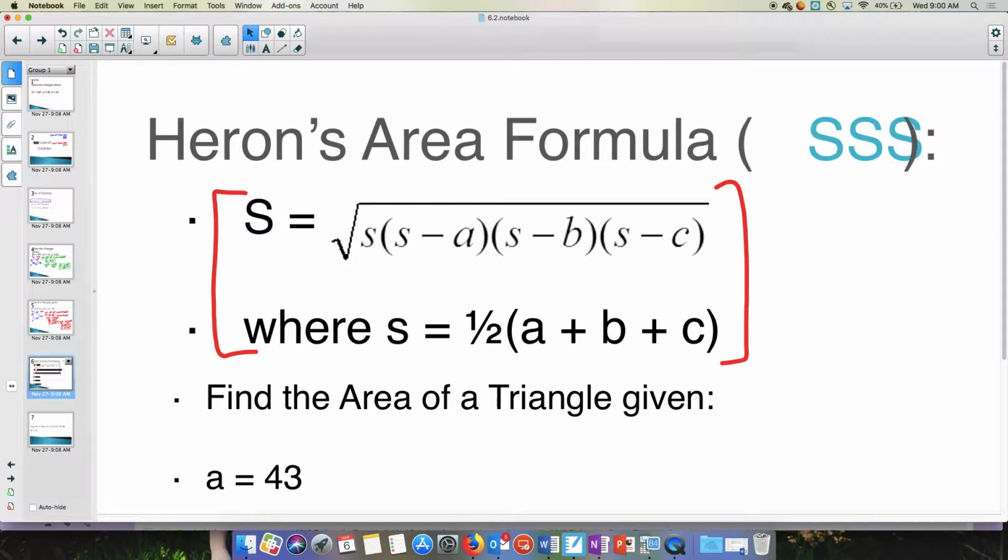You can use Heron's formula if you know three sides of a triangle. Yeah, and I don't know why our book does this. I mean, this big S is like area. It bothers me. So if I were you, I'd replace that with area.